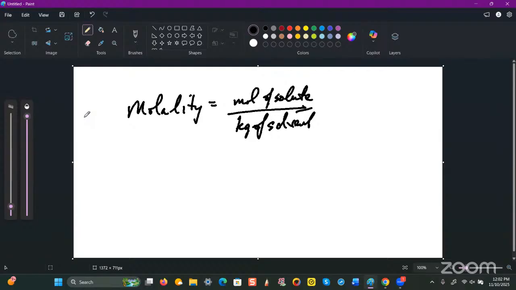So the molality unit is moles per kilogram. And in most chemical literature, this is symbolized by lowercase m. So lowercase m, in this context, is the same thing as moles divided by kilograms in terms of units.